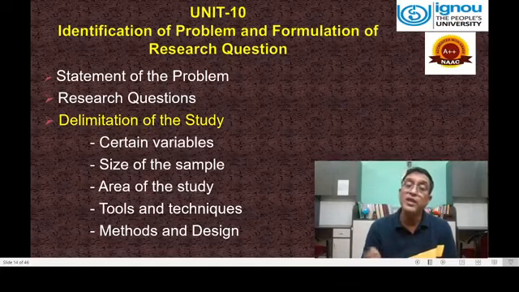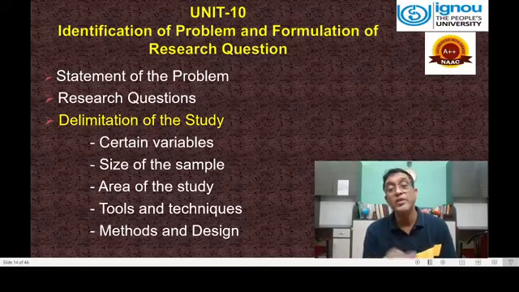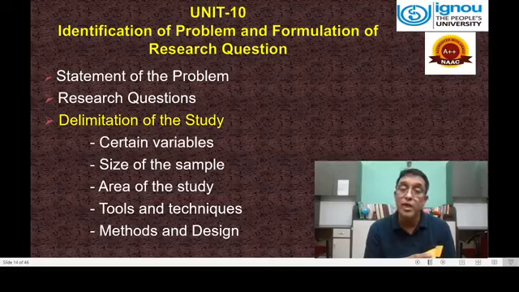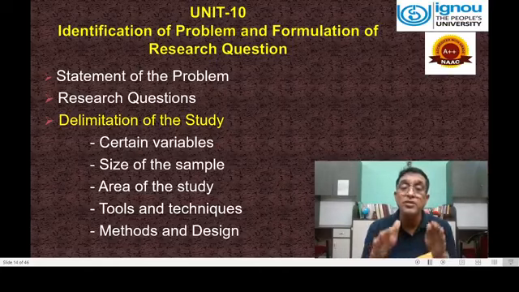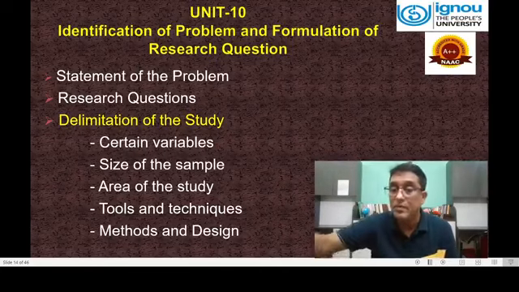And when I talk about delimitation of your study, you can also delimit the size of the sample. So don't be confused. It is also a part of sampling, and it is also a part of delimitation of your study. Further, the area of the study. The most important aspect is to delimit the area of your study.